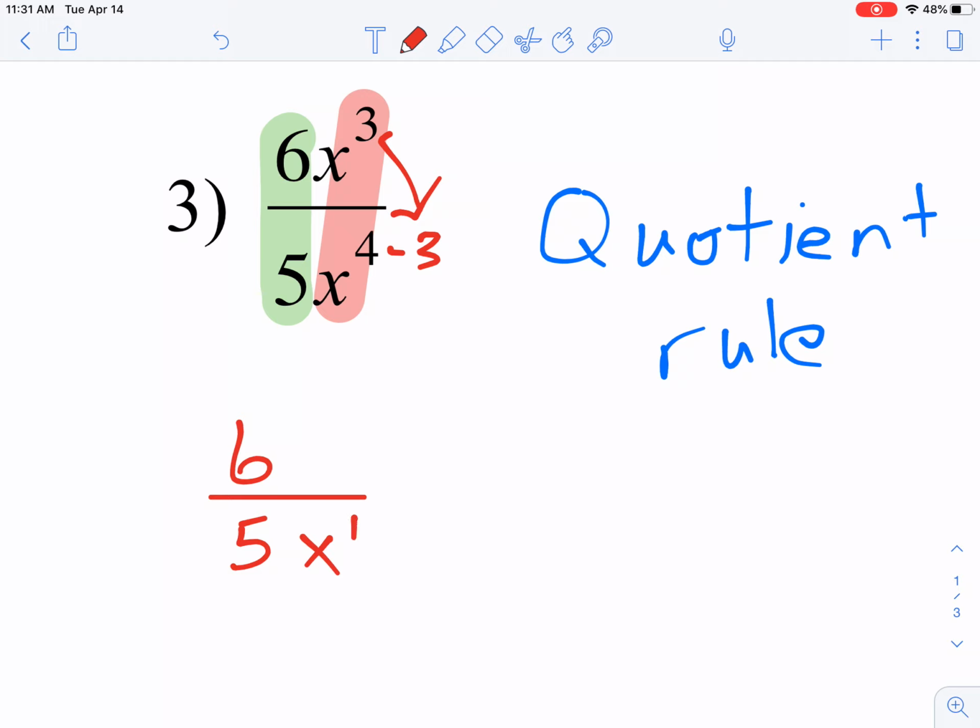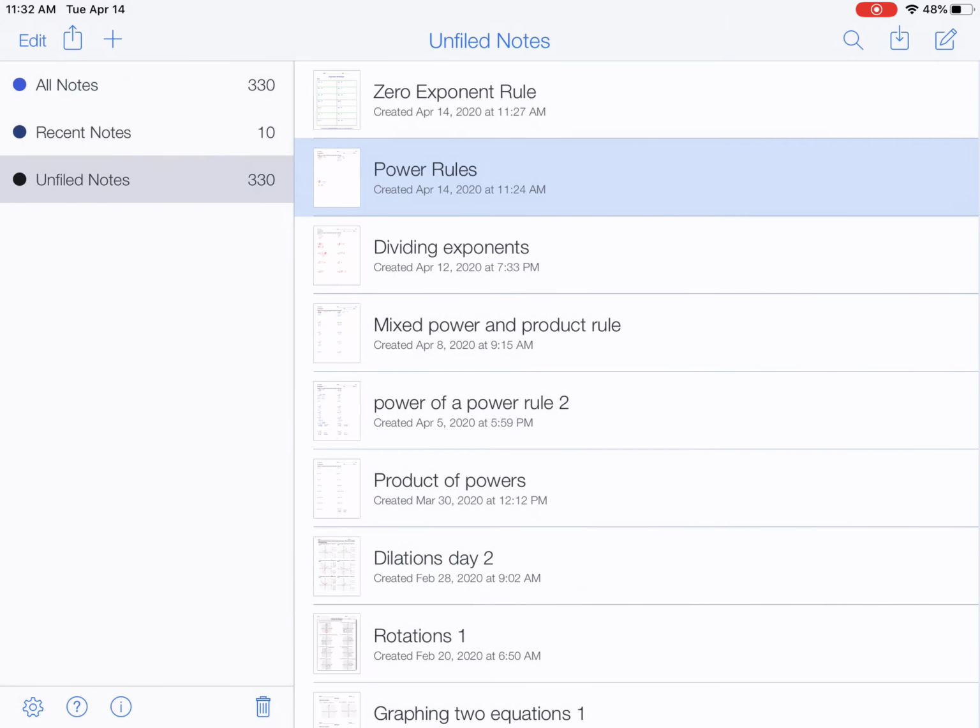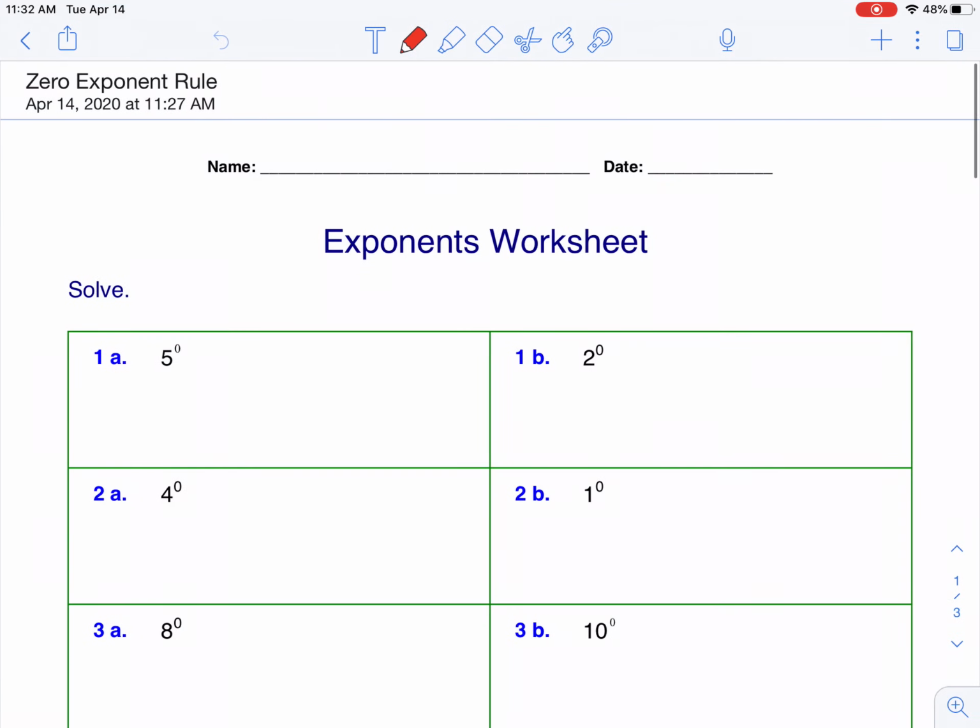Now you don't have to write exponents of 1, so the final answer should look like 6 over 5x. And this would be your final answer. Again, the quotient rule states that if you're dividing fractions, you can subtract the exponents, which is the opposite of the product rule.